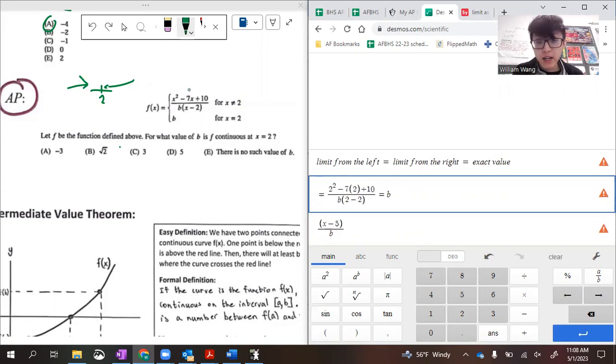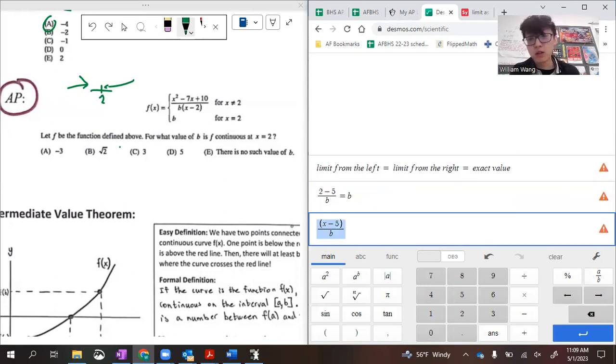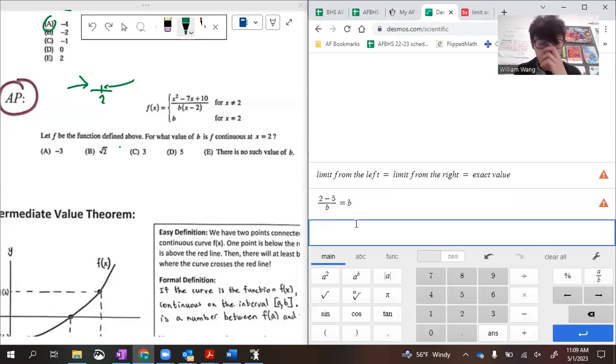My left function is actually x minus 5 divided by b, which is, in this case, 2 minus 5 divided by b. So 2 minus 5 divided by b is equal to the same thing from the right. So 2 minus 5 divided by b is equal to b. Well, these two are identical, so it's redundant. So I'm just going to simplify my equation. It's 2 minus 5 divided by b is equal to b.